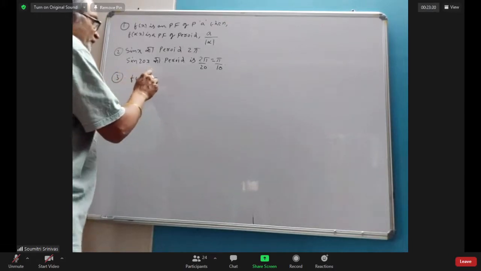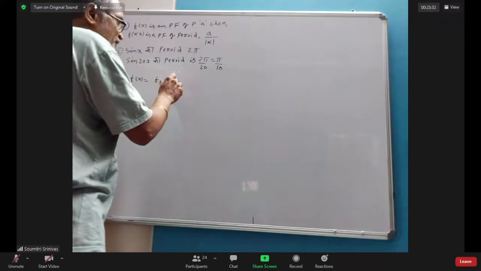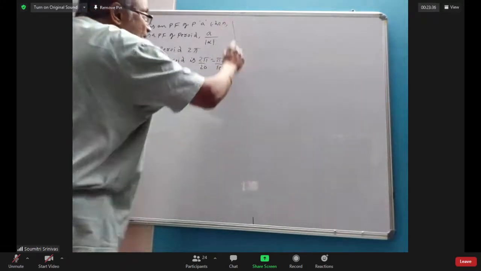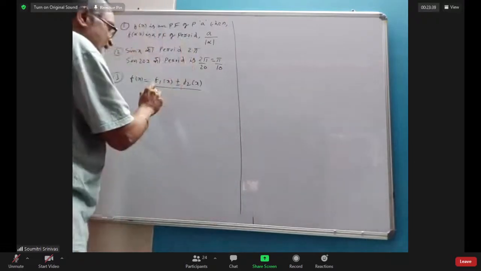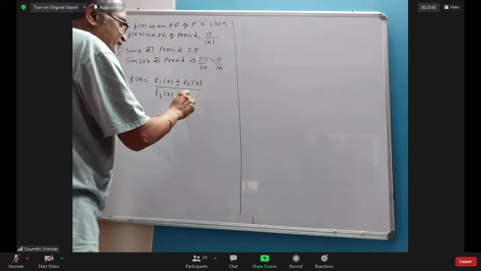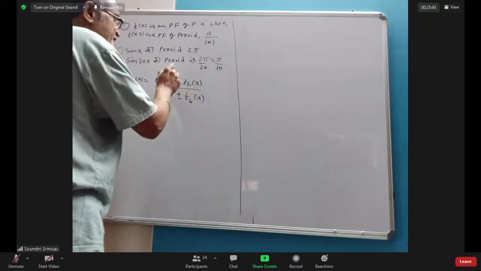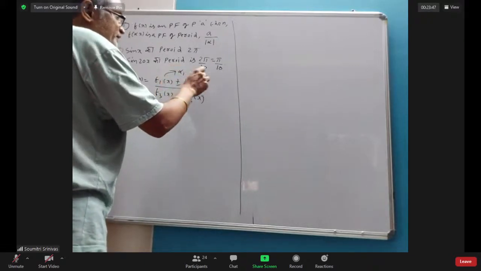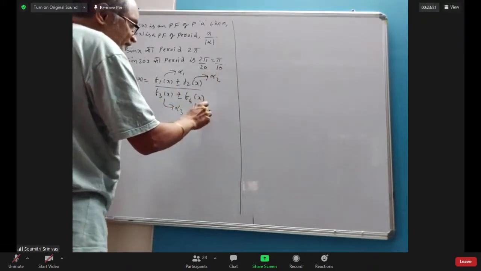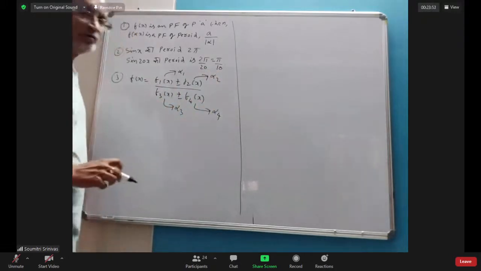f of x equal to f1 of x plus or minus f2 of x, by f3 of x plus or minus f4 of x. It will be there on the board, copy later. Its period alpha 1, alpha 2, alpha 3, alpha 4.